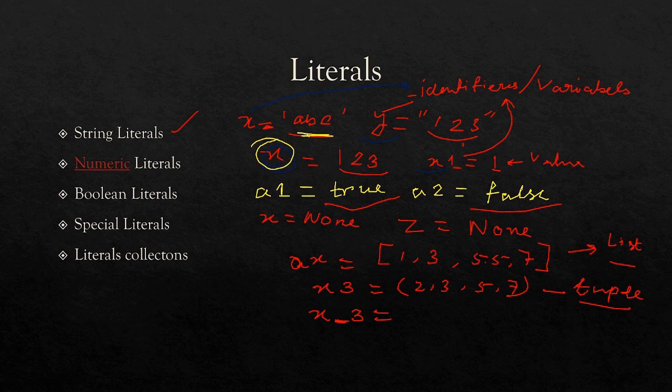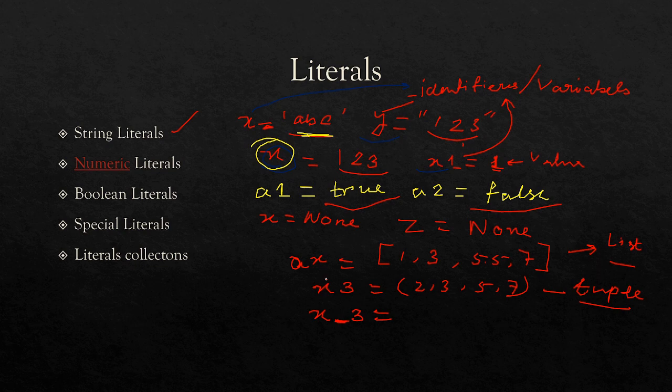Okay, whenever we write x equals 1, this is an integer. This is a numeric literal, right? So what is a literal? Again, I am repeating one more time. A literal is nothing but the value that we are assigning to a variable.